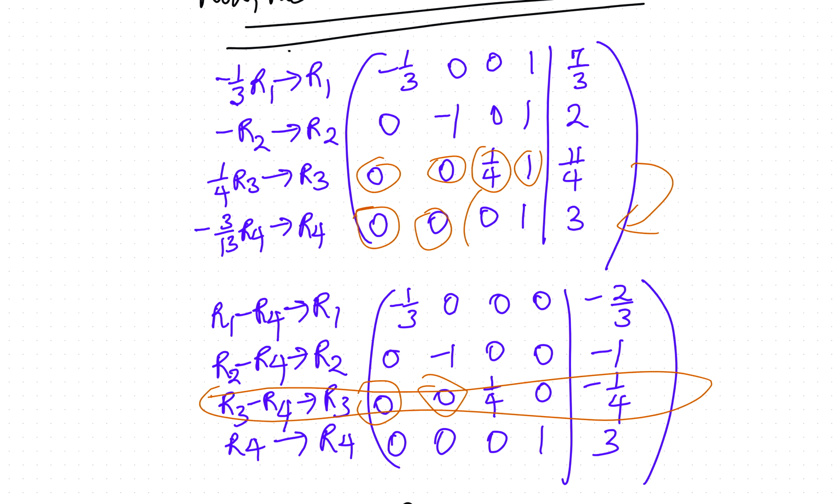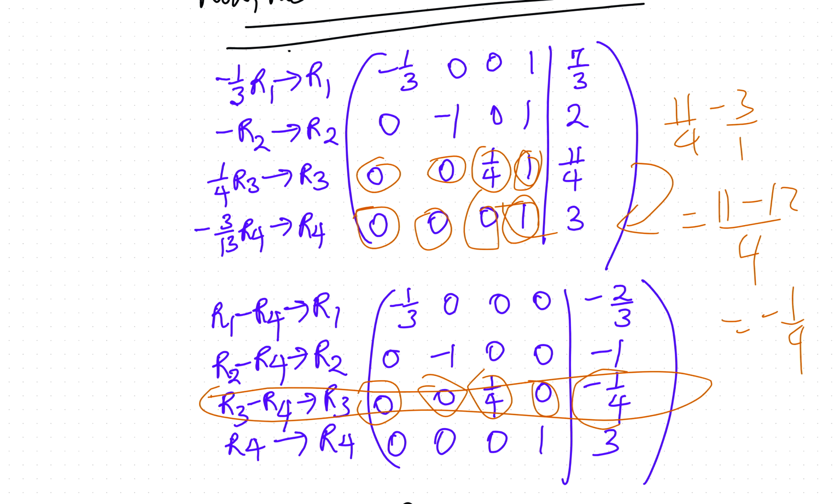This is the pivot. Then 11 over 4 minus 3 over 1. LCM is 4. So 11 minus 12 over 4, that's minus 1 over 4. So that's why this is minus 1 over 4.